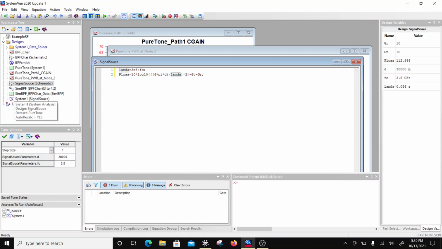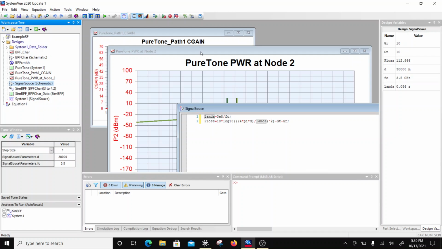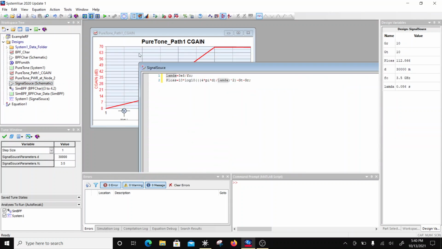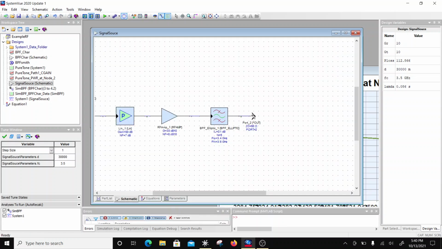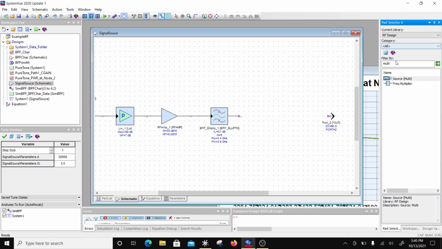So the way I'm going to model is, I'll go to my bench, and here I am going to put in the loss. So in that case, I'll put it as an attenuation, ATT.